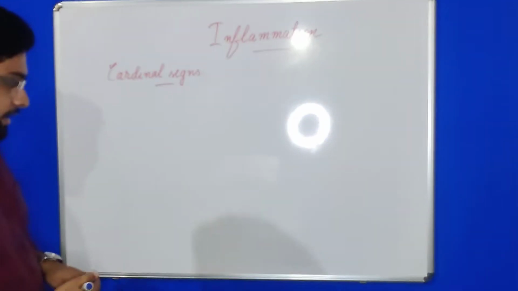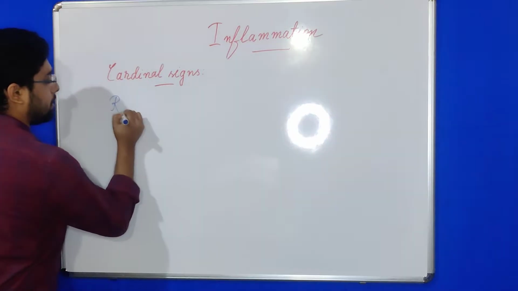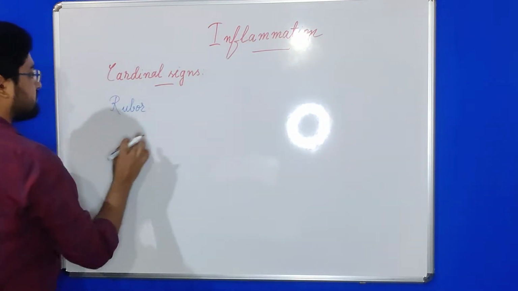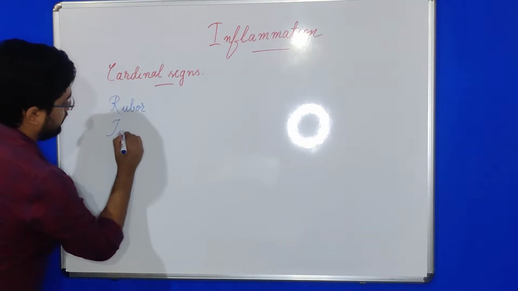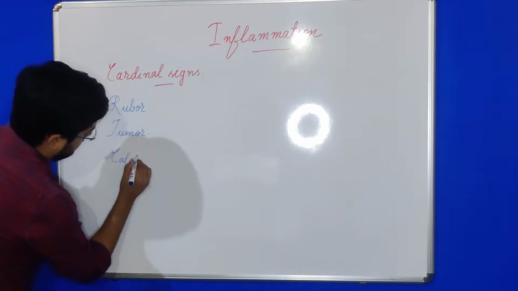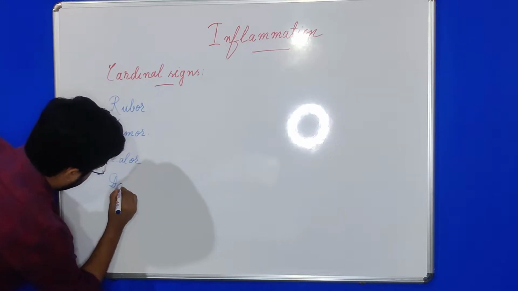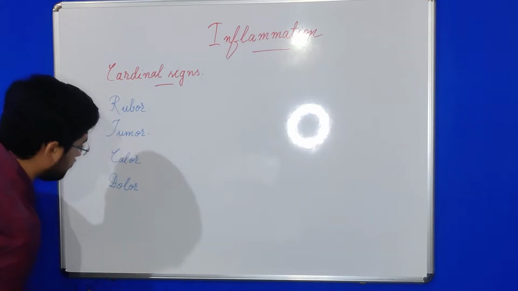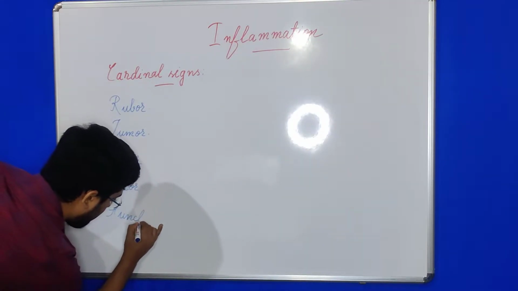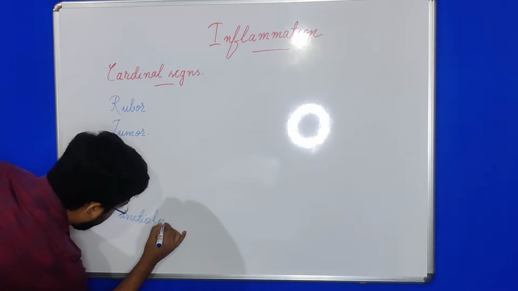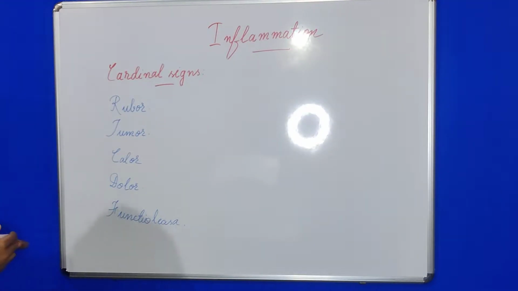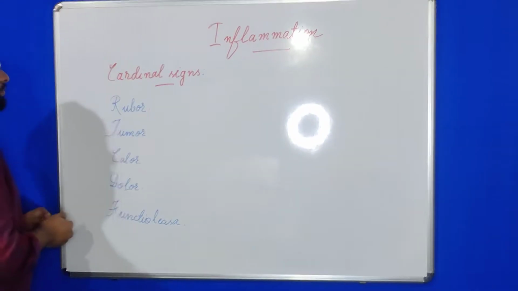There are 5 cardinal signs. So these are the 5 cardinal signs of inflamed tissue.